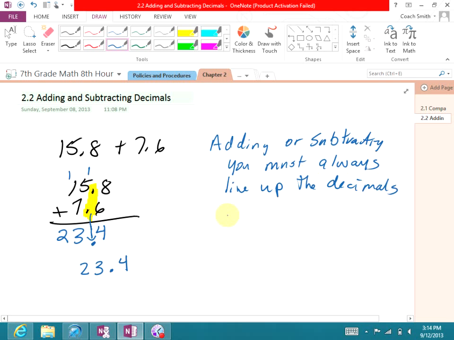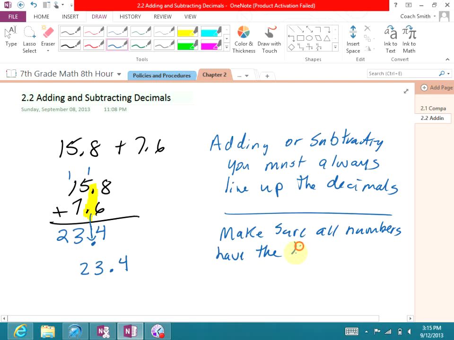Okay. The other thing you need to do is make sure all numbers have the same amount of decimal place values.